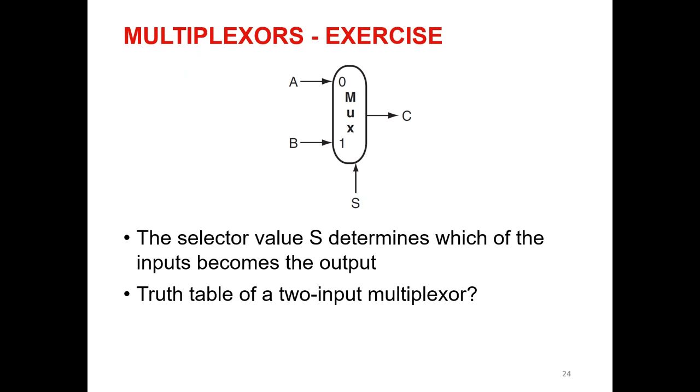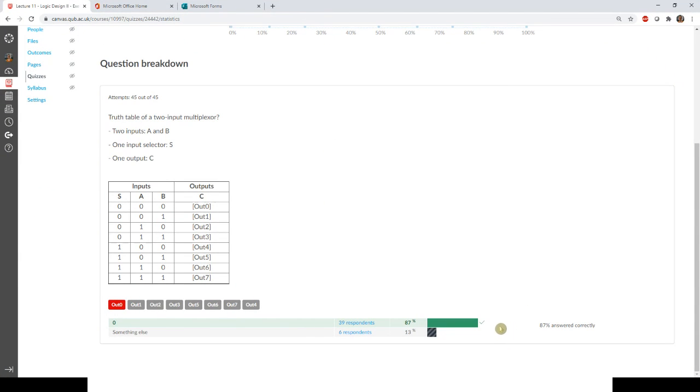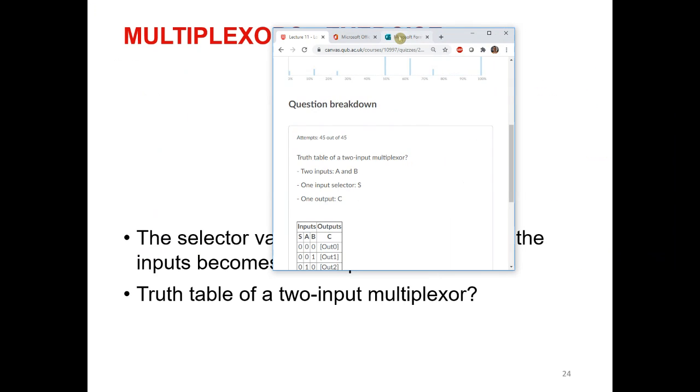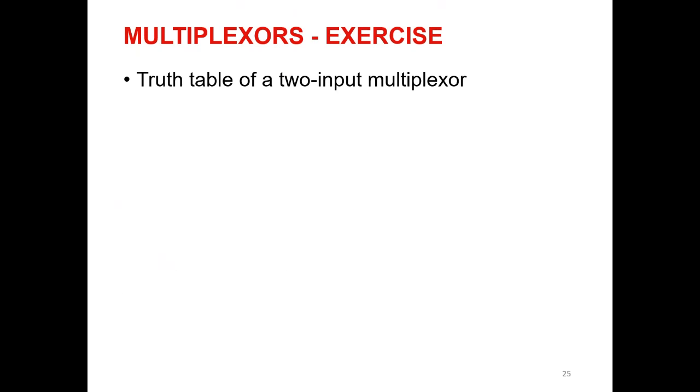Okay, so here I can see that most of you answered the question correctly. We are going to see now what the correct answer was and why. So, the truth table for this two-input multiplexer.